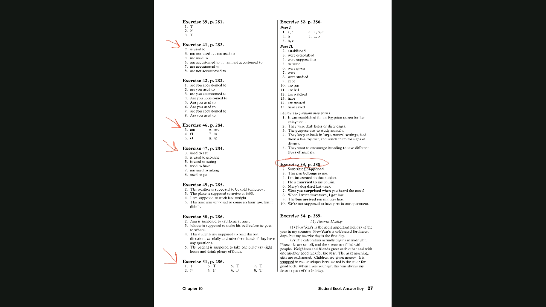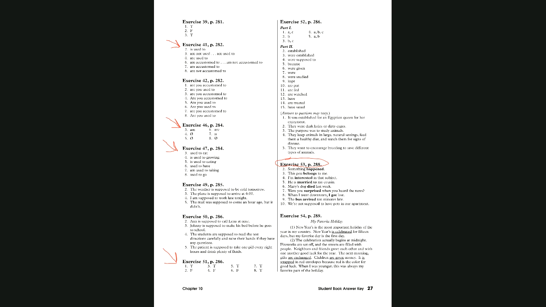Interested. Good. Okay. And 2, what did you put for number 5? He is married to my cousin. Married to. Yeah, we don't usually use married with. We use it with to. So that's another good point there.